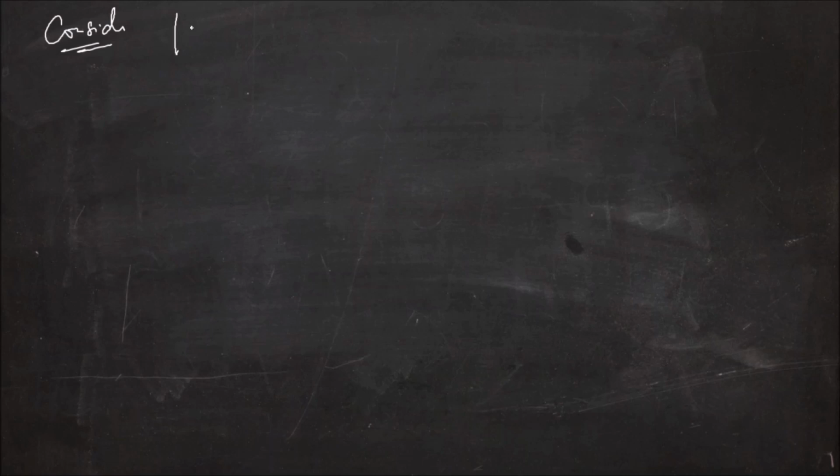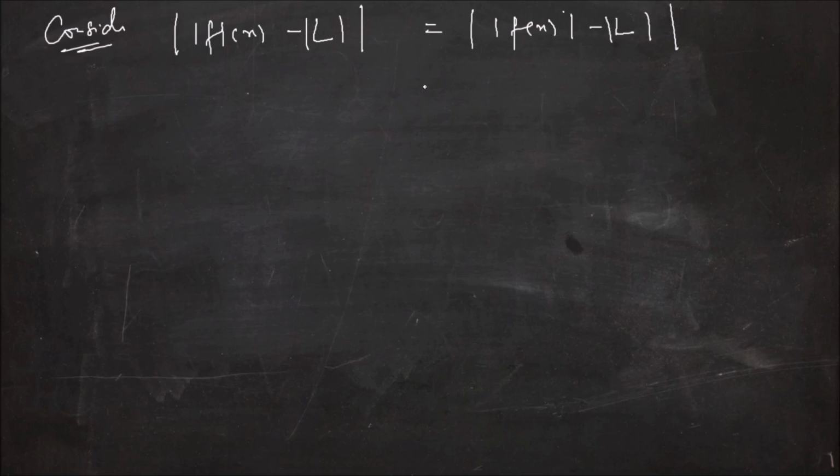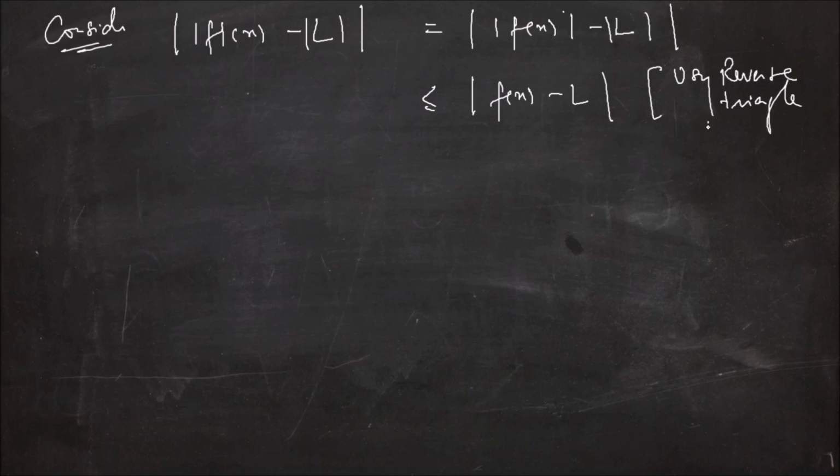Now consider mod of mod fx minus mod L. So I can write this as, by definition, mod of mod fx minus mod L. Now using the reverse triangle inequality, this is less than or equal to mod fx minus L. And what is the reverse triangle inequality?